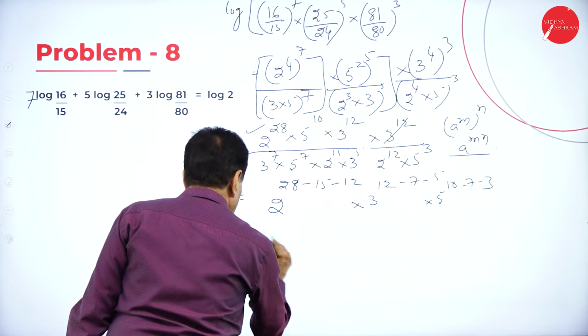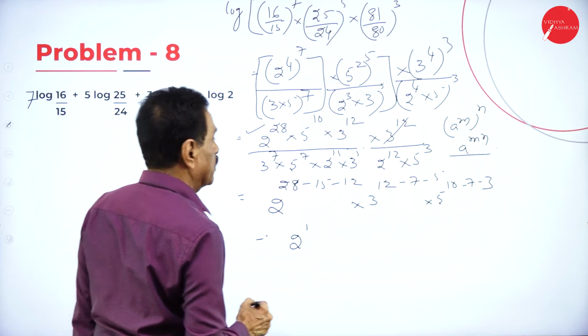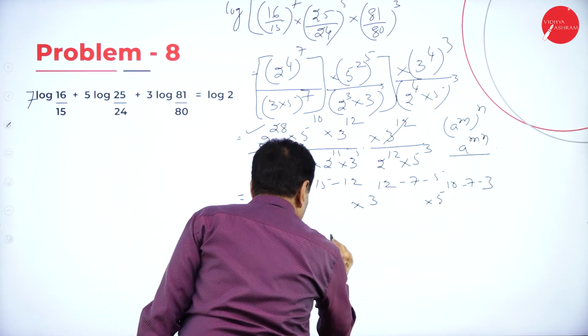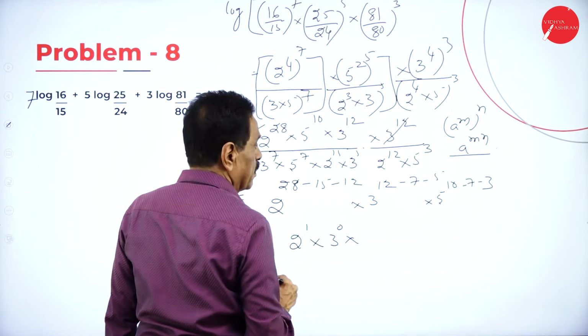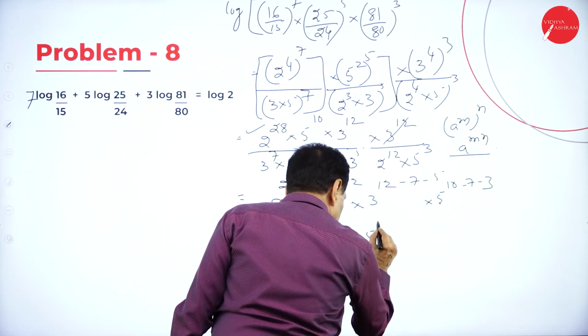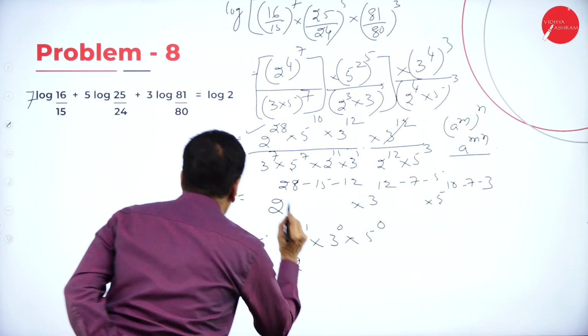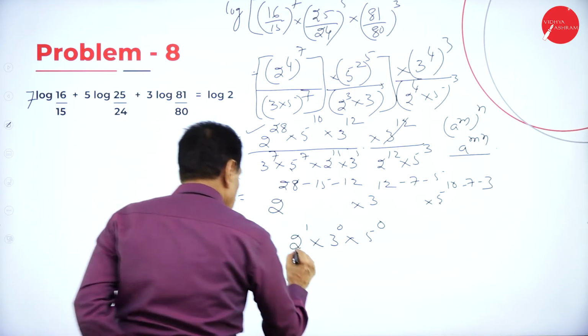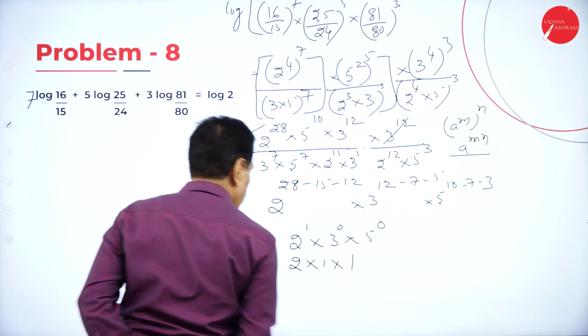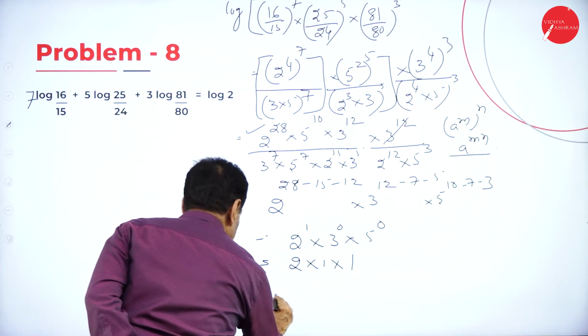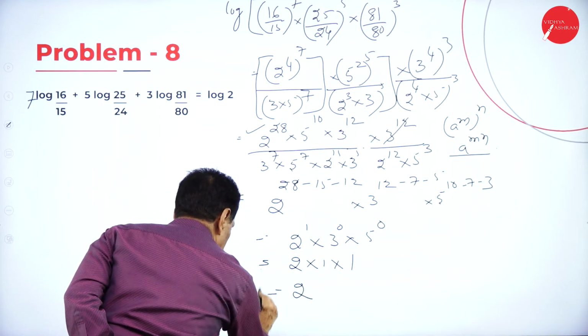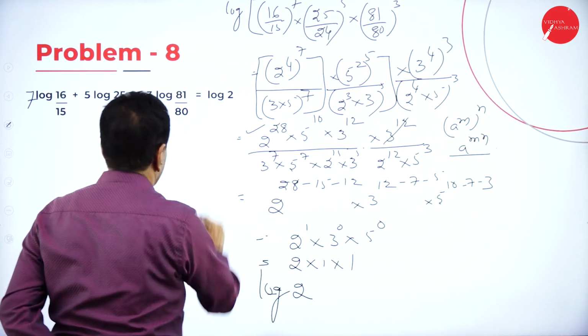This is 2 to the power of 1 into 3 to the power of 0, 5 to the power of 0. This is nothing but 2 into 1 into 1. This is nothing but log 2. Proved.